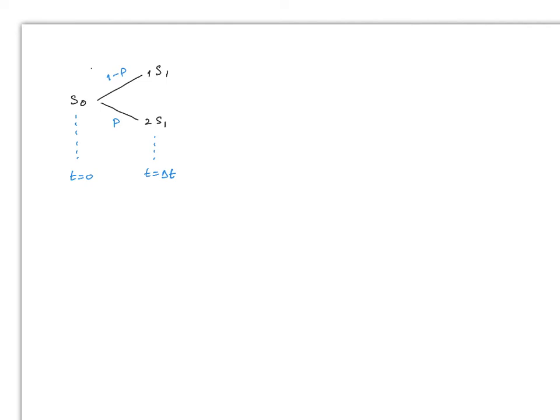Right, so now let's consider 2 steps. So now this will be S2 as 1. This will be S2 as 2. And then here you're going to have S2 as 3. Now it's very important to notice that these two are exactly the same. And then S2 as 4. Remember, this is the fourth value for the second step.